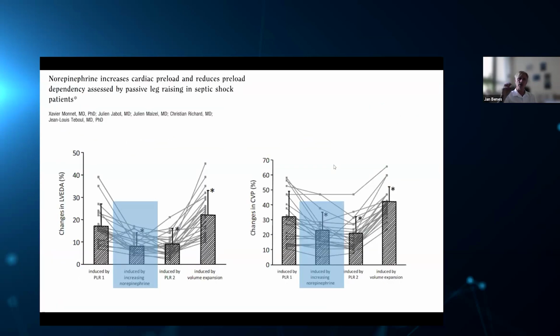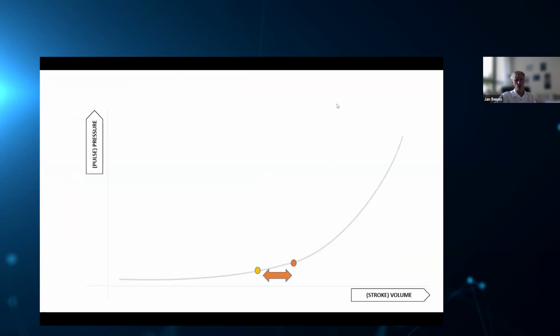I've been telling you that we've got alpha receptors even in veins, and these are data coming from Xavier Monnet, who gave the lecture previously, that norepinephrine does have a potential to increase the vascular tone and increase the loading conditions of the heart, but only in some sort of people.